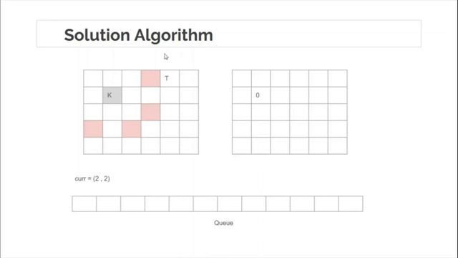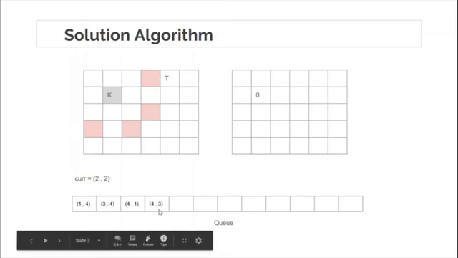So these 4 cells you can visit. You can go to them from the current position in one move. So you can either go here or here or here or here. There are 4 cells which are reachable from the current node in one move. So all of these will be inserted in the queue.